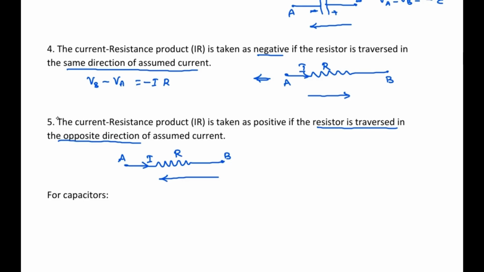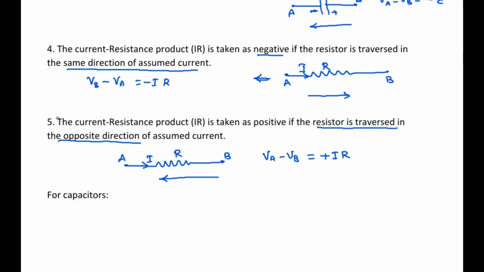That means from B to A. For us, B is the initial point, A is the final point, potential at B is initial potential, potential at A is final potential. So, the potential difference means VA minus VB, VA is more than VB because the current is moving from A to B. So, then automatically the potential difference will be plus IR.